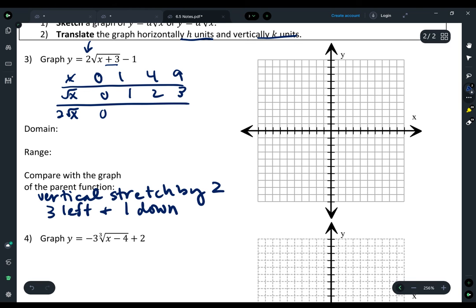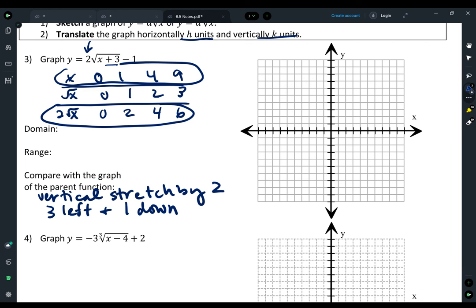So this would be 0, 2, let's see, 2 times 2 is 4, 3 times 2 is 6. So these are going to be my x's, and these are going to be my y's that I graph. And then after I graph this, then I'm going to shift it. Okay? So it's really important that we do the multiplying first and then the shifting part.